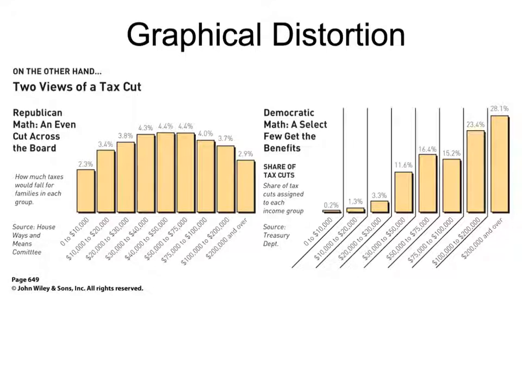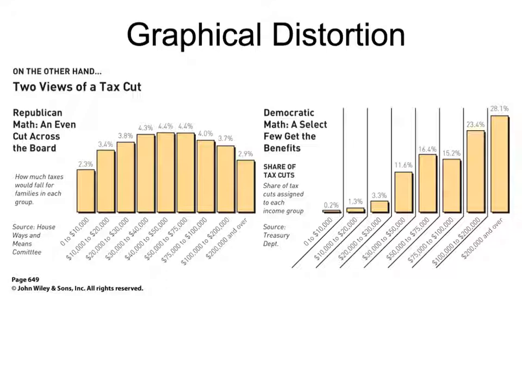But here we can see that the people who are making under $10,000 are getting the least amount of tax cuts. They're only getting 0.2% of all the tax cuts. So of all the pool of money, they're only receiving 0.2% of the cuts, even though in their paycheck, they'll see roughly a 2.33% tax cut.